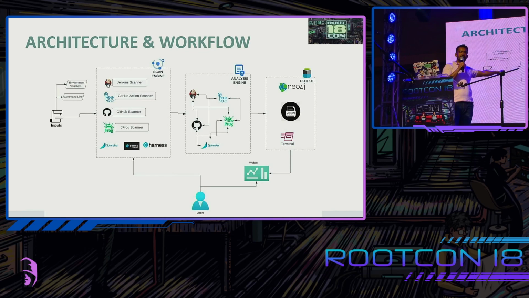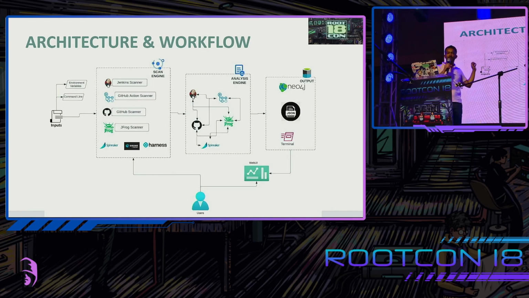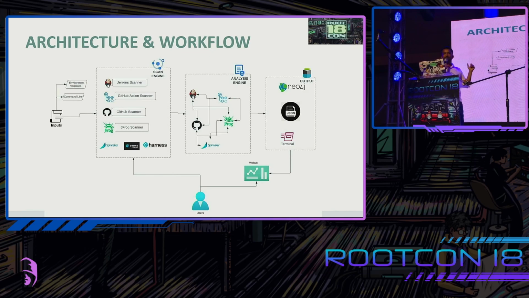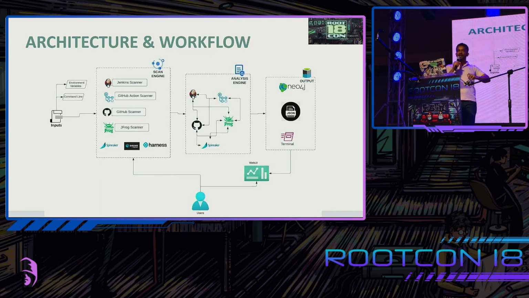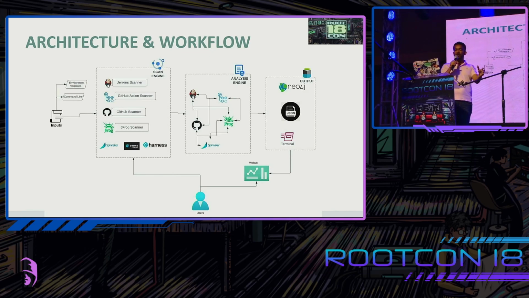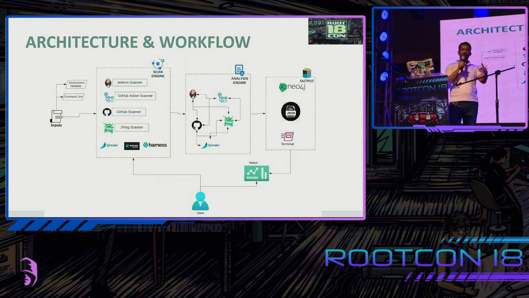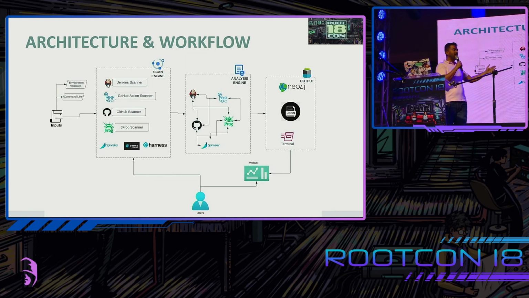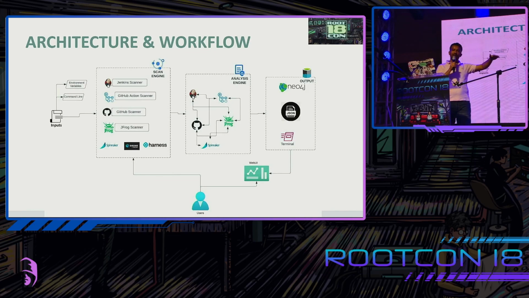individual technologies using the individual scripts. Once you scan that, all of the data will be in the Neo4j database. As and when you add more and more data into Neo4j, the analysis engine will pick that data up and make sure that the analysis is happening.